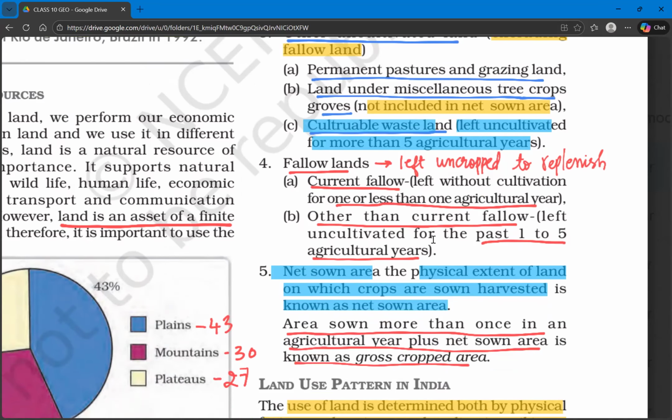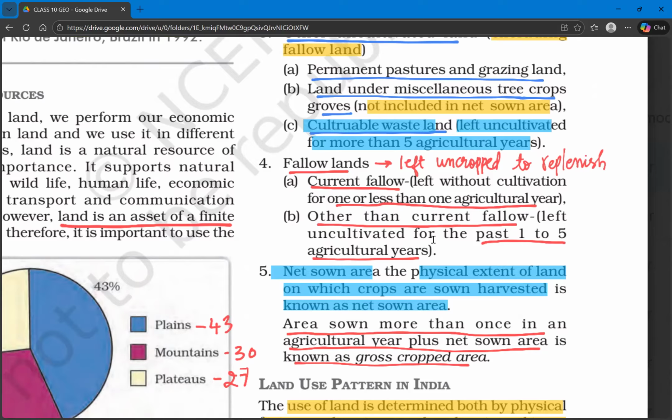The next one, fallow lands. Under fallow lands, we have two, that is current fallow and other than current fallow. Current fallow means it was left uncultivated for 1 or less than 1 agricultural year. Okay, so it's like the fallow land has been uncropped to replenish so that the soil regains its fertility. So that's why it was left uncultivated for 1 or less than 1 year. It is called current fallow.